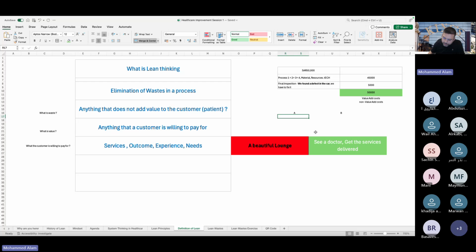So basically he can produce this car in 45,000. Company B is struggling, and what company B is doing, company B always makes this defect, and it always takes around 5,000 to fix that defect, and it always costs 50,000. So which company has the advantage now in terms of selling it to the customer?